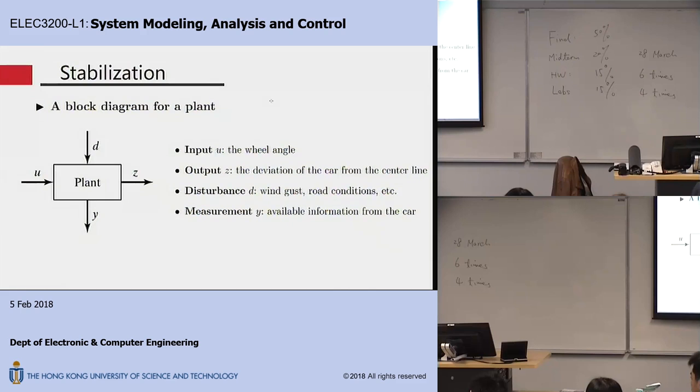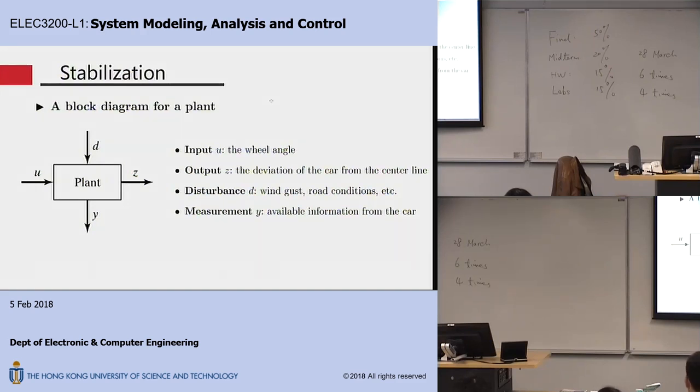Measurement, that's a thing going out. When you want to control some variable, so this is your concerned variable. Very often you say, okay, in order to control it, we need to observe that variable.